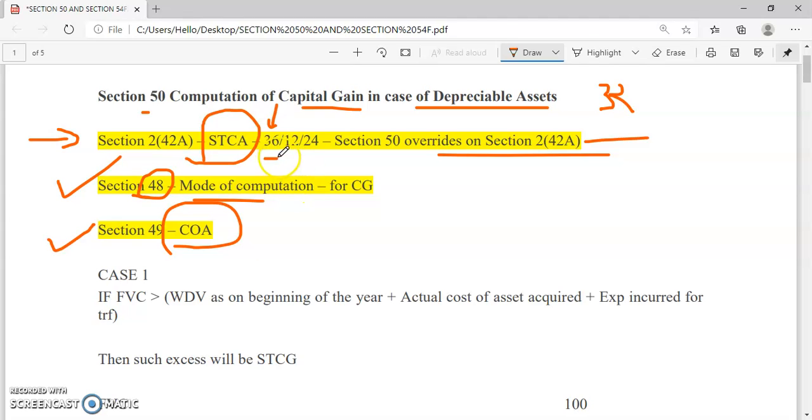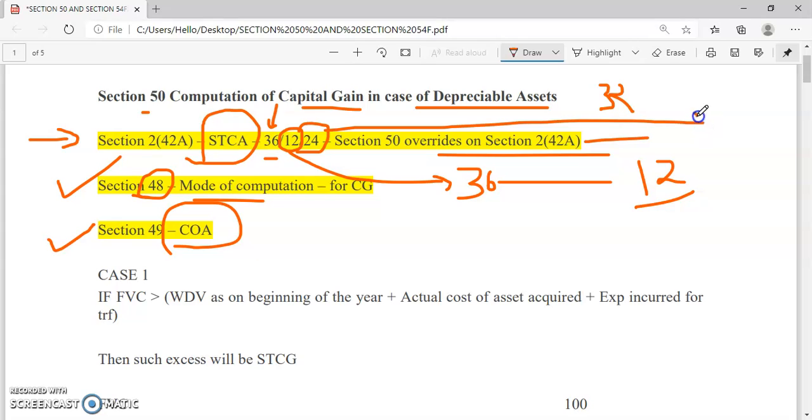However, in case of listed shares, the period of 36 months will be replaced by 12 months. So in case of a listed share, if the asset is held for not more than 12 months, then it can be considered as a short term capital asset. In case of shares which are not listed, and further in case of land or a building, the period of 36 months is reduced to 24 months.